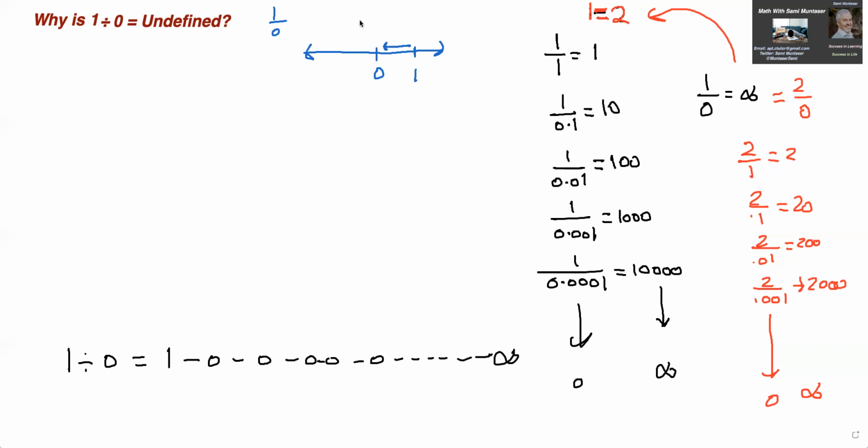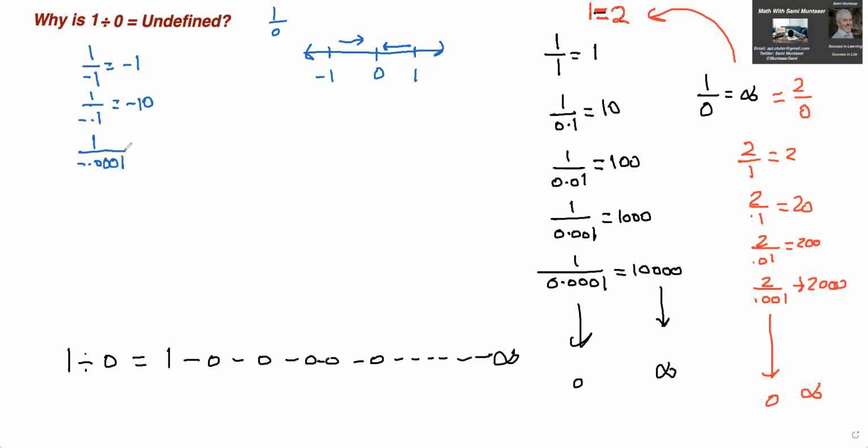Now let's try something else. How about if we approach from the left side, from -1? So if we go 1 divided by -1, we're going to get -1. How about 1 divided by -0.1? This will give you -10. How about 1 divided by -0.0001?